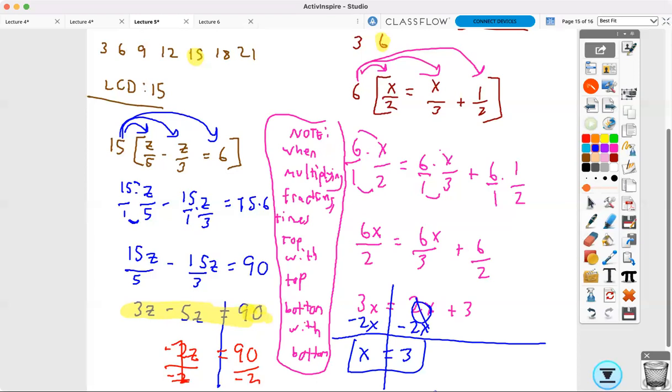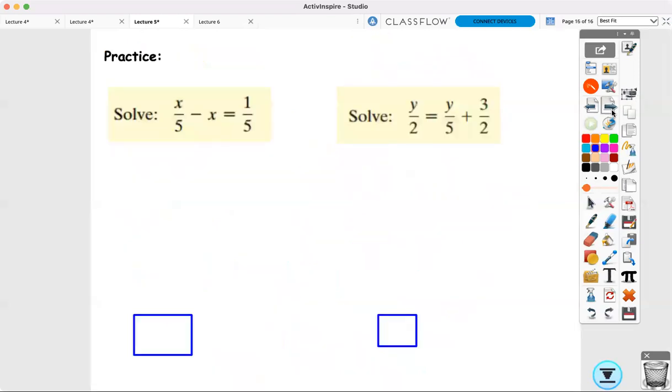A little easier and less likely to get a wrong answer because there's no fractions involved in your solving. All right, let's see how you guys do in the practice problems. Ready? I'm gonna go ahead and give you guys about 5 minutes on these two. Good luck.